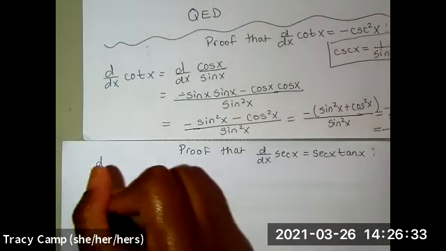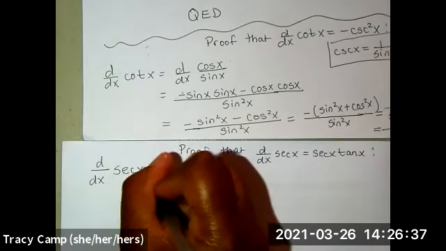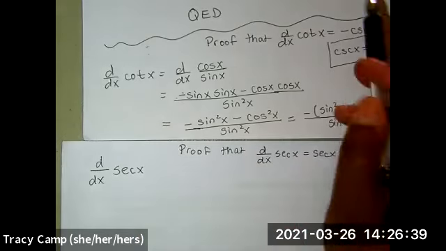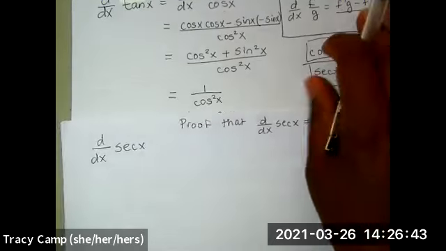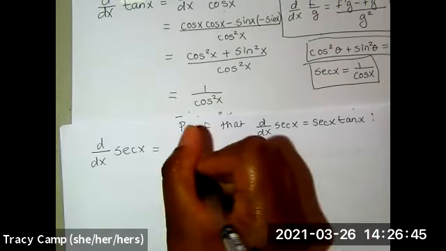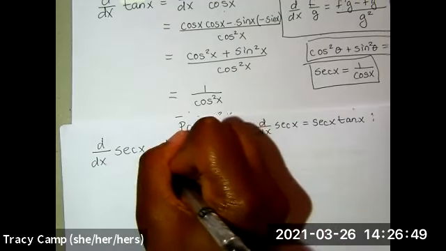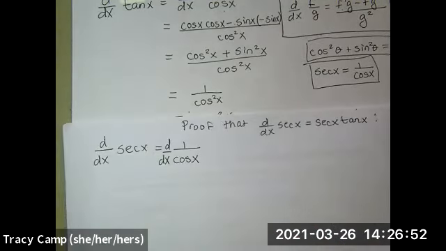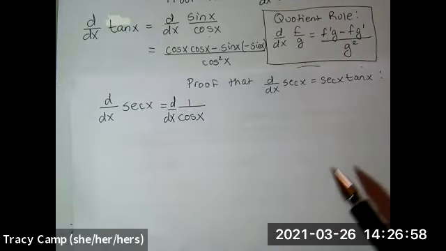So we say the derivative of secant. Secant, again, is just the same thing as 1 over cosine, right? Oops, I forgot to put the derivative here. So we're finding the derivative of 1 over cosine. And once again, we can use the quotient rule.